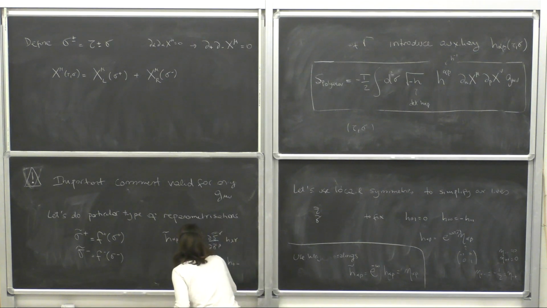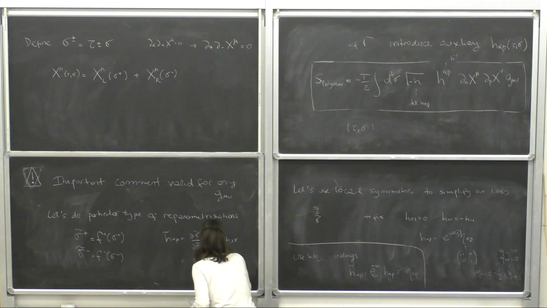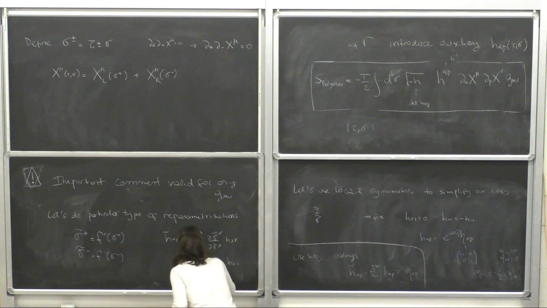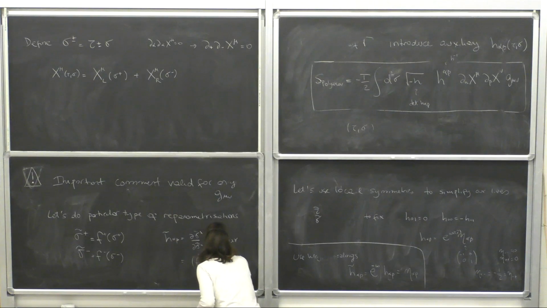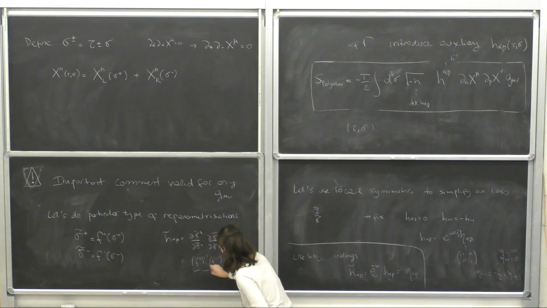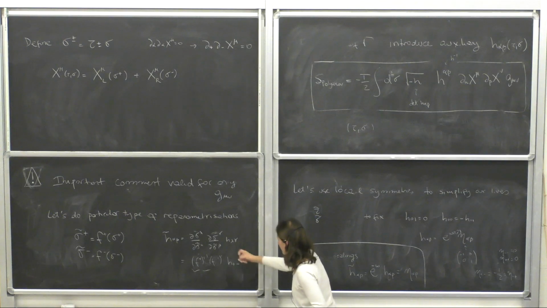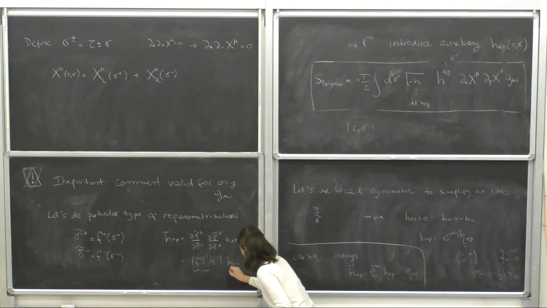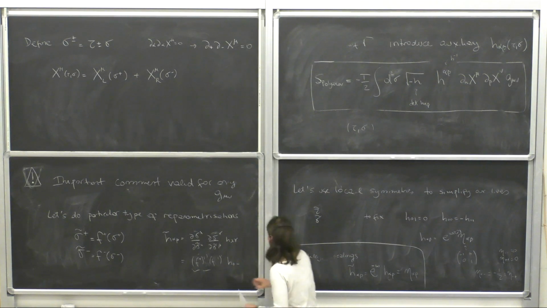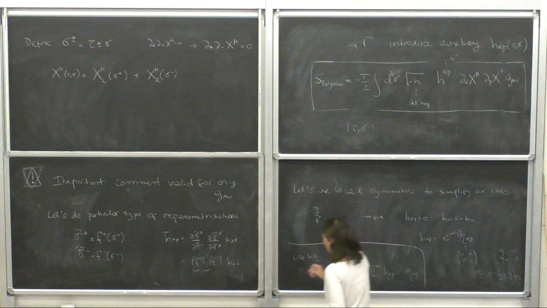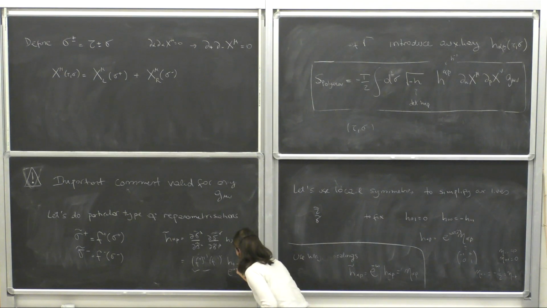So this has f prime inverse, f plus, f minus, inverse prime. Doesn't matter, but it's some function times h plus minus, which is e to the omega eta plus minus.